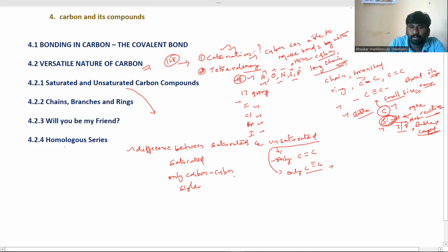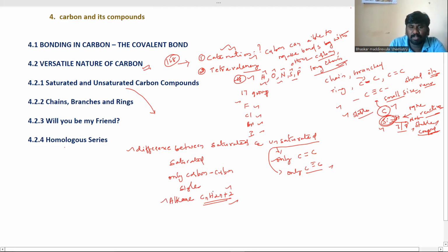Sometimes they'll ask a question, and you have to give this type of reasons. Next, for a carbon single bonded compound, the best example is alkanes. The general formula is CnH2n+2, the general formula of alkanes or saturated carbon compounds.